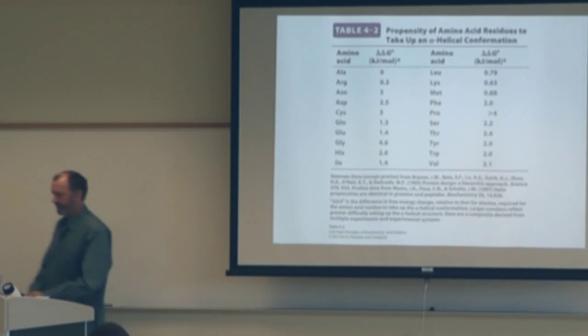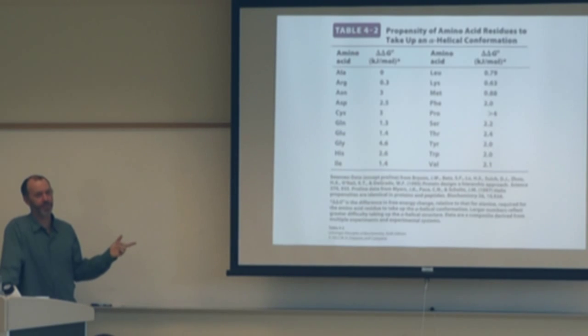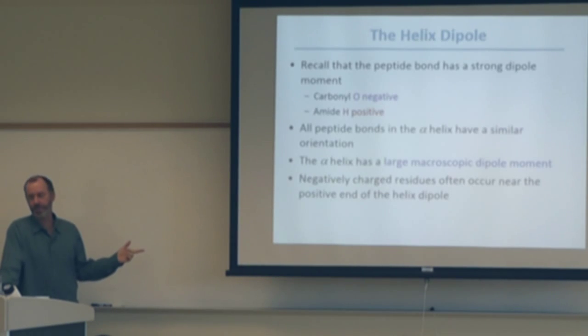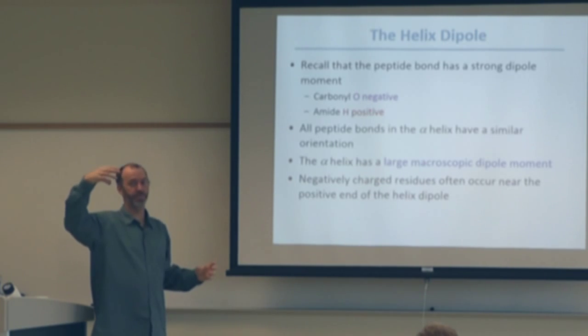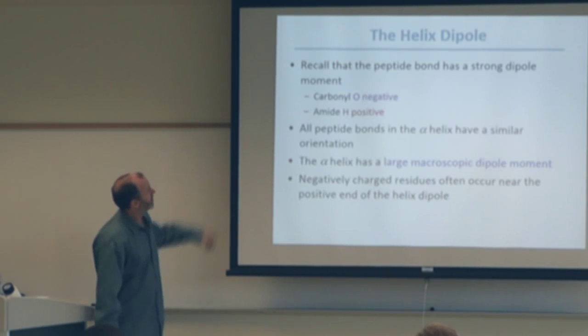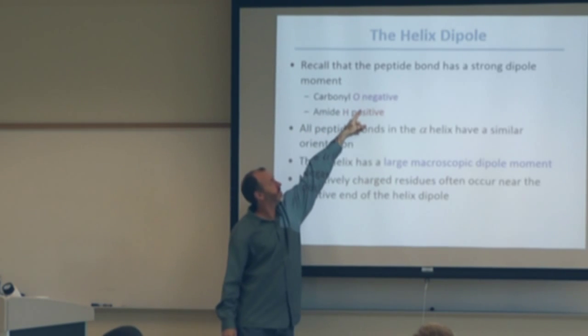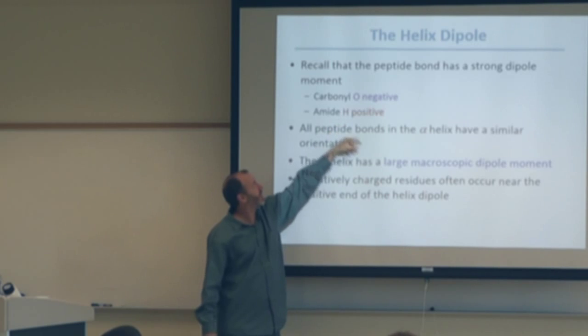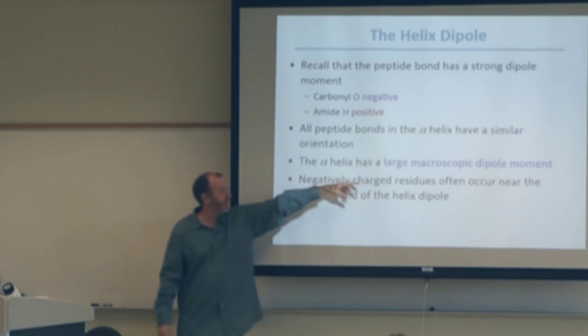You'll see that also. One of the things, remember, about the peptide bond is the partial charge. And that'll cause these helixes to have a net dipole type interaction. If you recall, the peptide bond is a strong dipole, the carbonyl slightly negative, the amide slightly positive. So if you have a helix, those stack up on each other and give the net helix, making it like one large dipole itself.